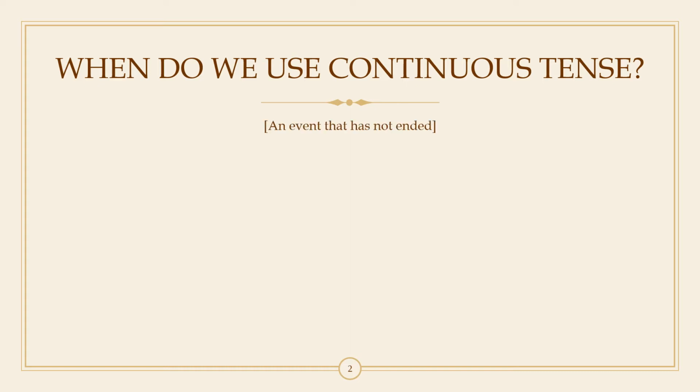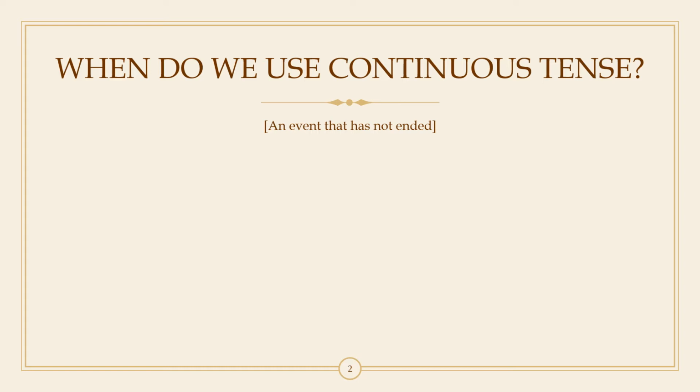In short, if you have to give a definition of continuous tense, it could go something like this: an event that has not ended. I don't want you to think more about it, because the more you think, the more confusion you'll get. But that is also good, because the more confusion you get, the more answers you'll be seeking.